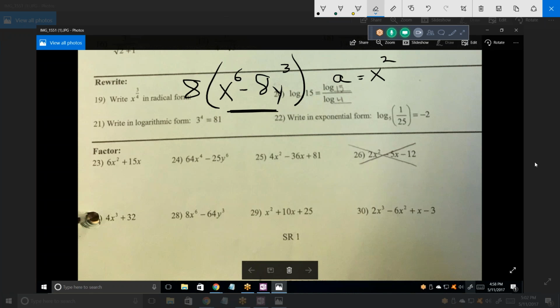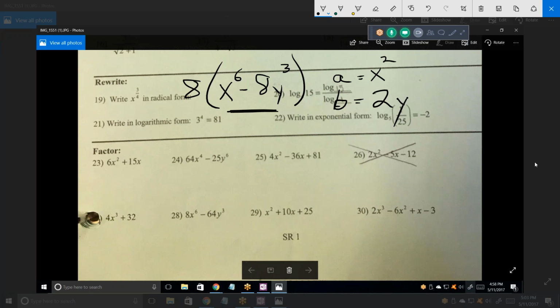In other words, when you're taking the cube root of stuff like this, you're just dividing the exponent by 3. Okay, what's b? It's 2y.